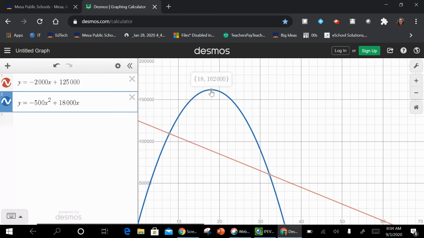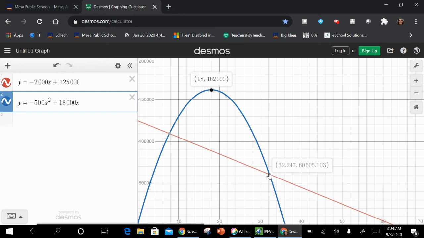There's our X, sorry, for revenue. Our maximum revenue is right there at $18 is the price, and 162,000 is the maximum revenue, or vertex.